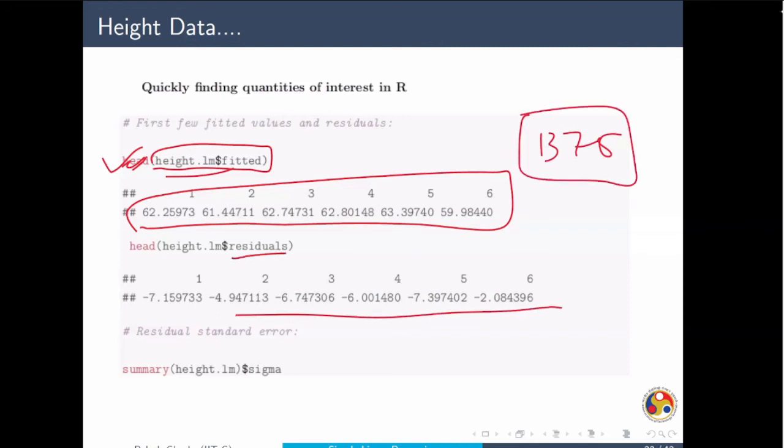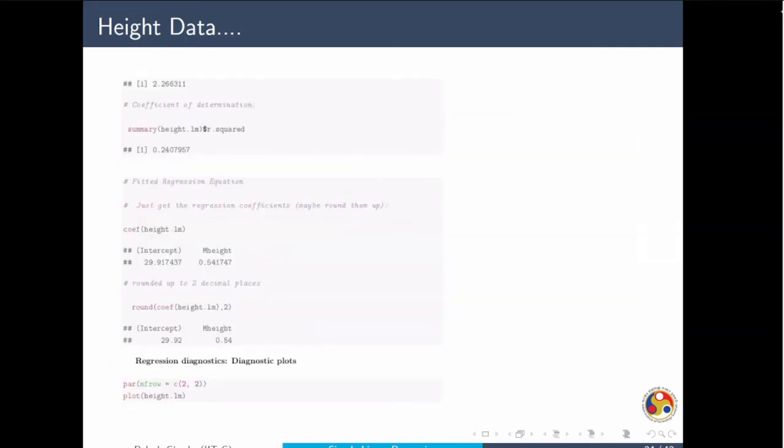And the residual standard error, sigma, you can get it here. Similarly, you can extract the coefficients, like the intercept. These are the same coefficients that we already saw. So many things are actually stored in height.lm, and you are trying to extract all those things. And if you want to round off, you can just use this command in R to get all those things.